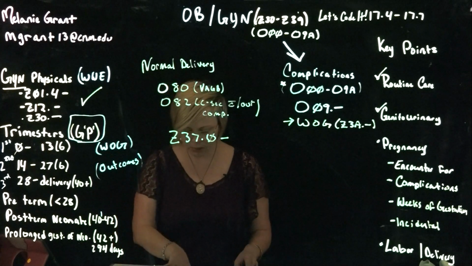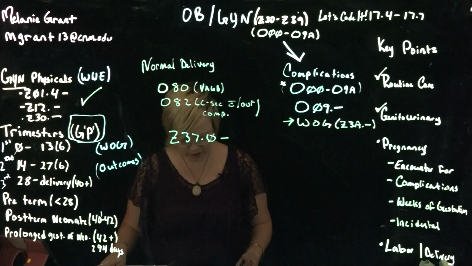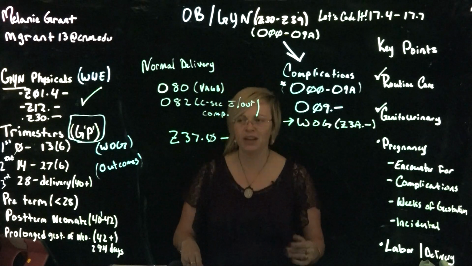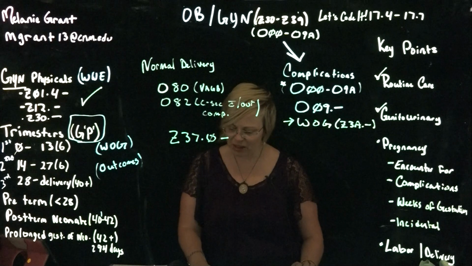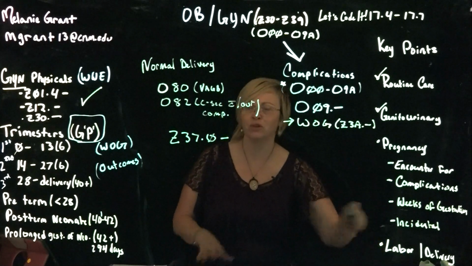And this is going to be in our block O60 through O77, which I find on page 911 of my ICD-10-CM book. Okay, so complications of labor and delivery are your other options for codes here.